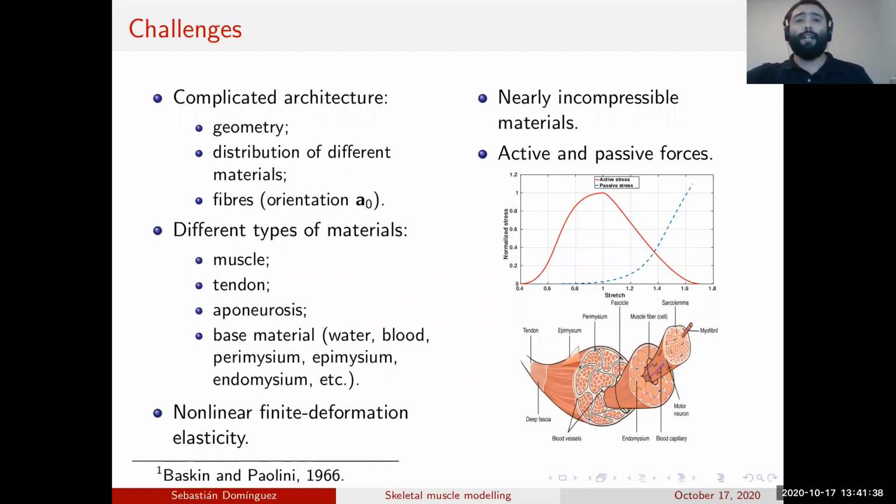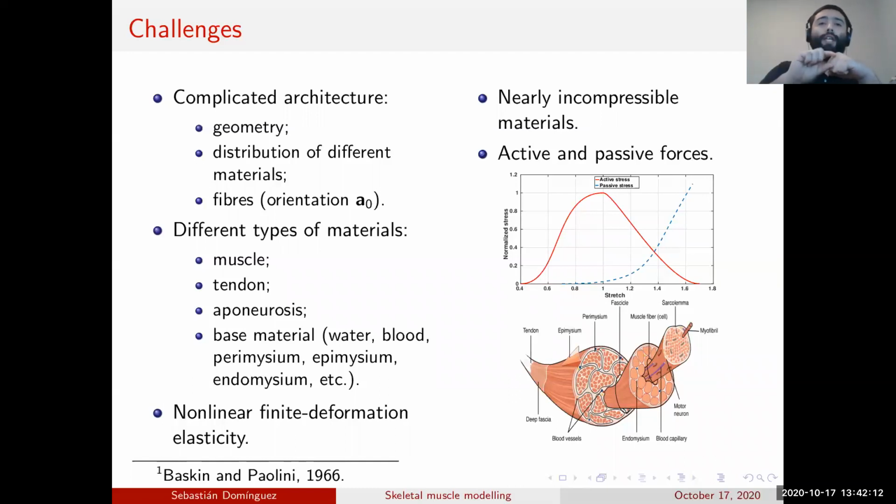We have different materials, as I said. So currently we have the capability of having muscle tissue with its properties, tendon with its properties, and something called aponeurosis, which I had no idea about before I started this project. Of course, for me, the whole muscle was just the muscle and the tendon. But this aponeurosis is a very thin sheet that covers the muscle and extends from the tendon.